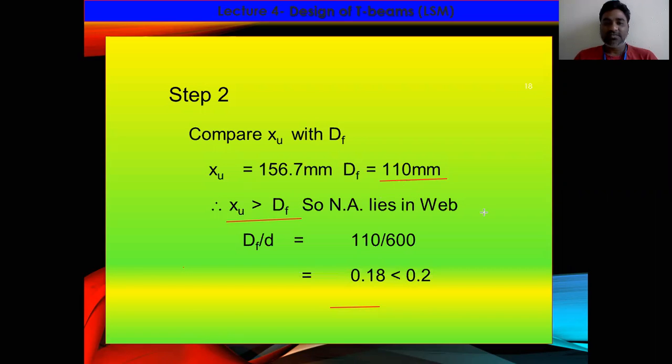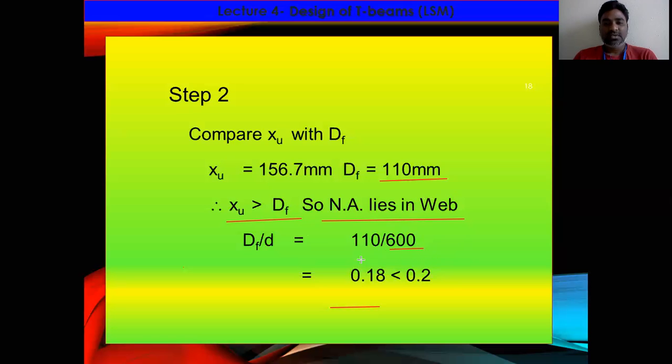So if the depth of neutral axis is within the web, there are two cases again, because we also need to determine whether the stress distribution is constant within the thickness of flange or not, right? How can you determine that? Based on the Df by d value. Sorry, here the effective depth d is 600.